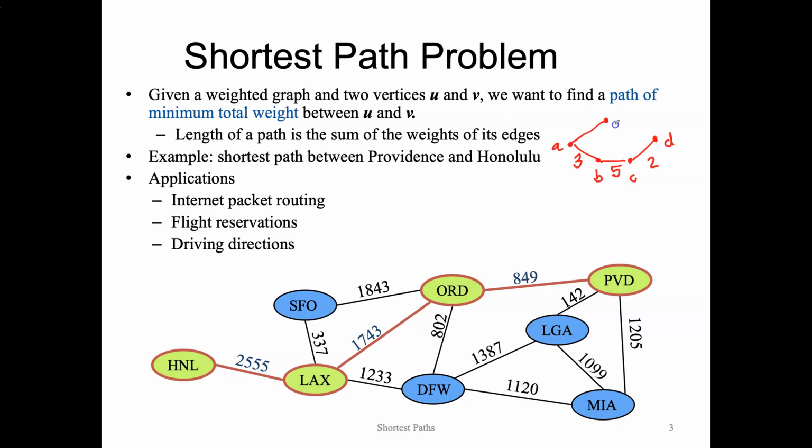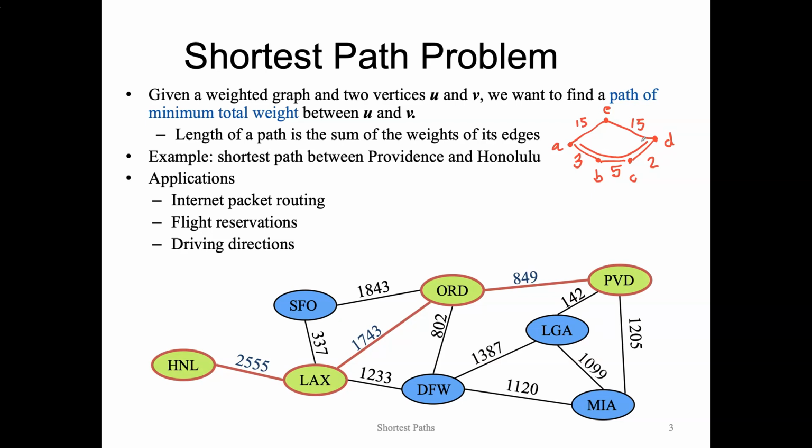Let's say we had another vertex, E, and here 15 and 15. So the weight of the bottom path from A to D is 10, but the weight of the top path is 30. So the shortest path from A to D in this graph is the bottom one, which has a total weight of only 10.